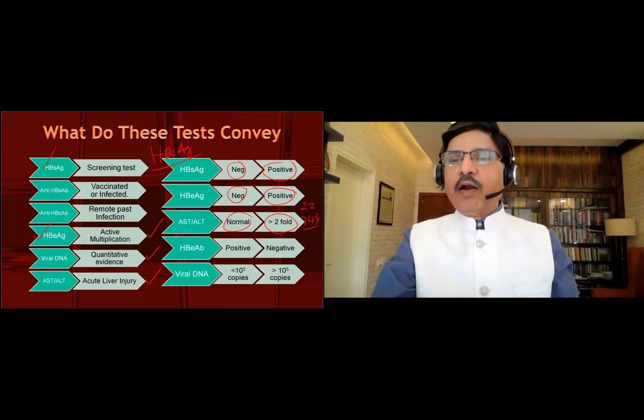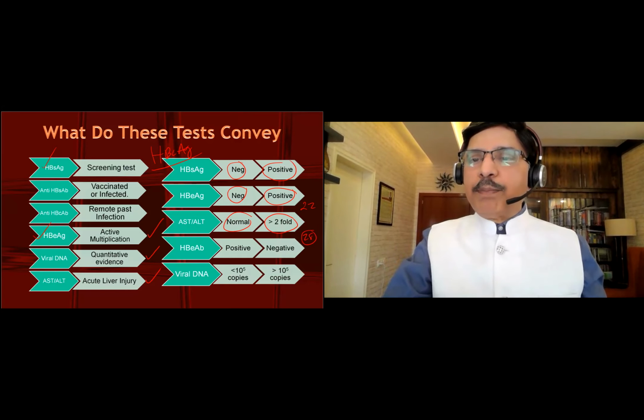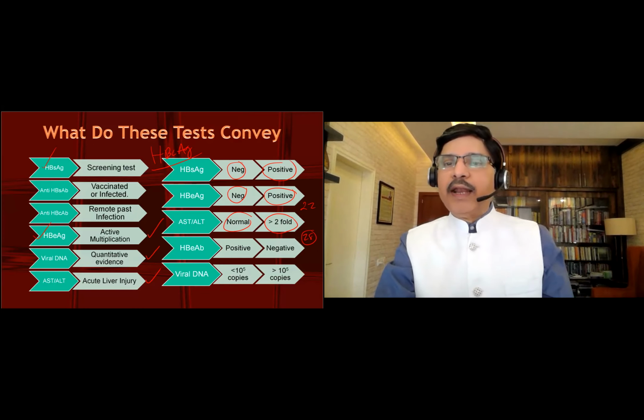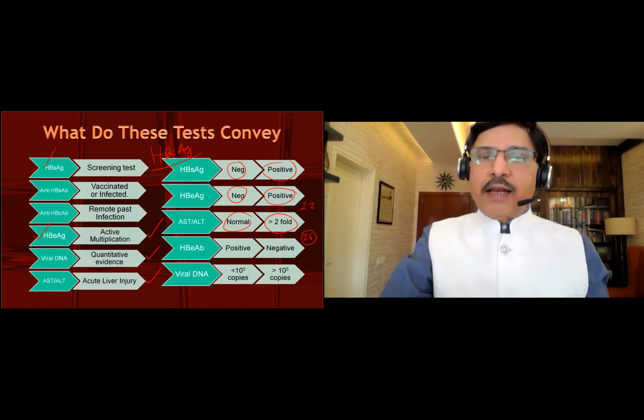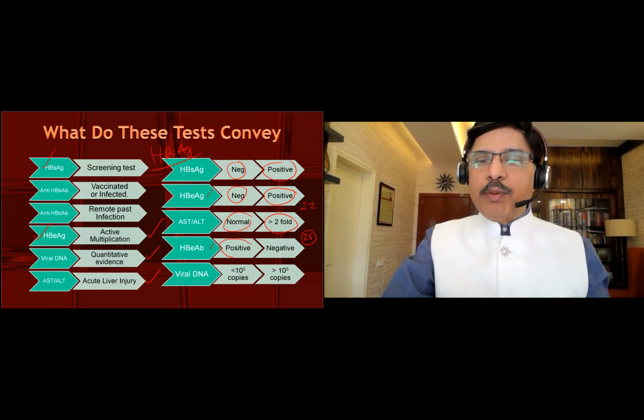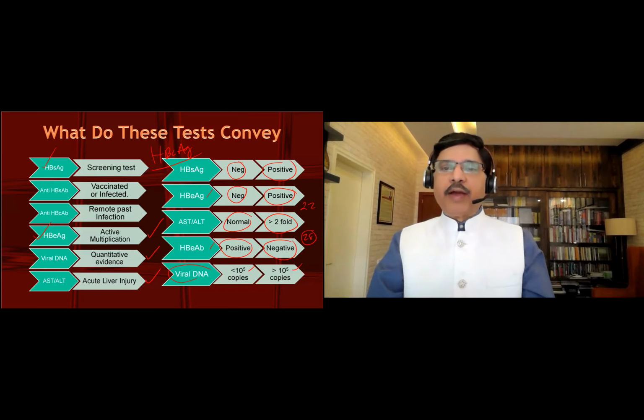Not 22 has become 28, no significance. It has to become at least 2 times the upper normal limit, UNL. HBe antigen again, this is the antigen, and you do an antibody, may be positive, may be negative, and you do viral DNA. Classify it as less than 10 to the power of 5 copies, or more than 10 to the power of 5 copies.